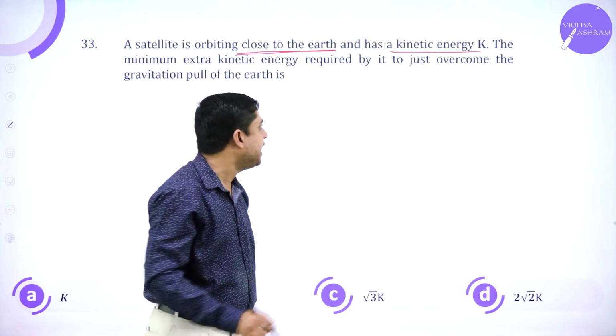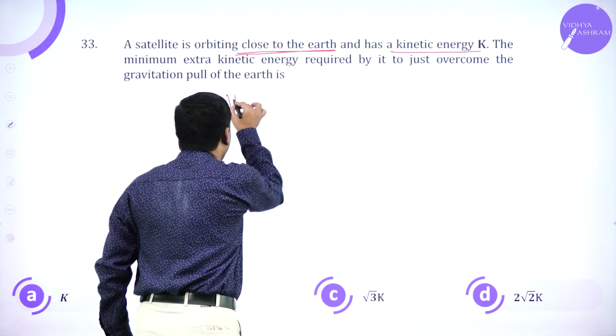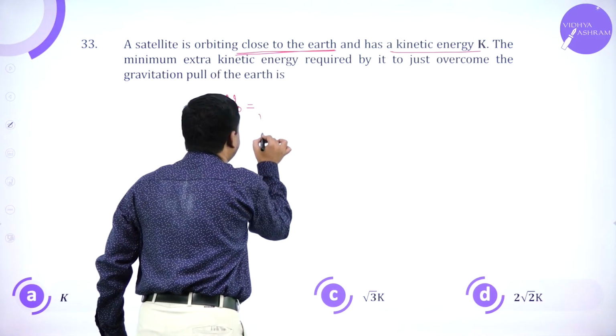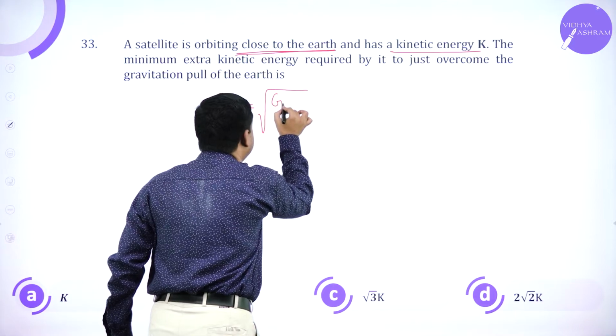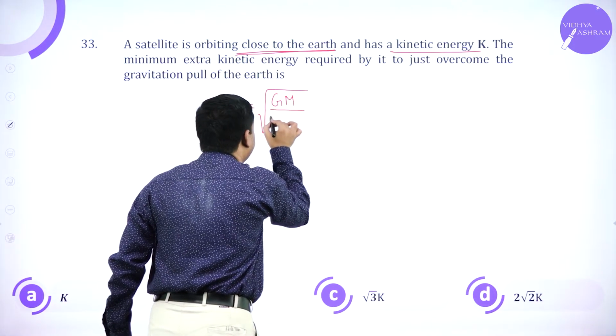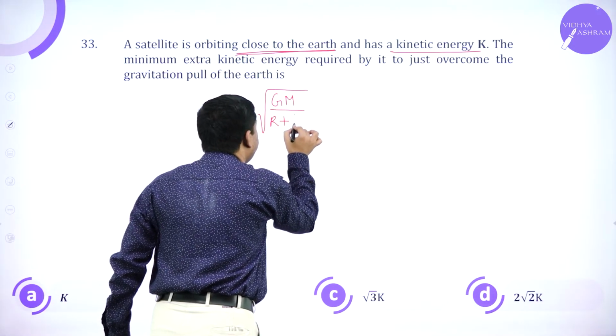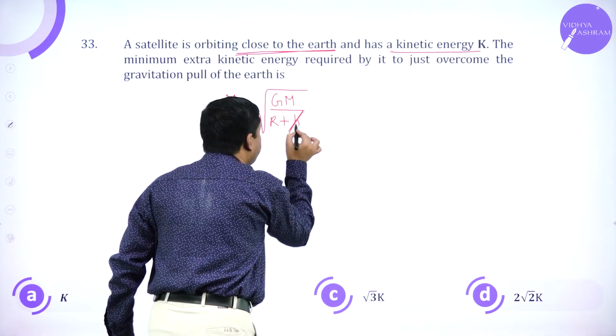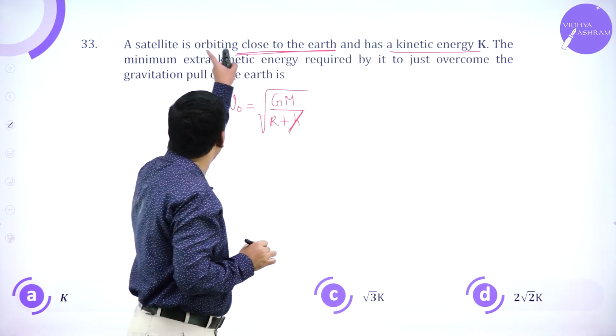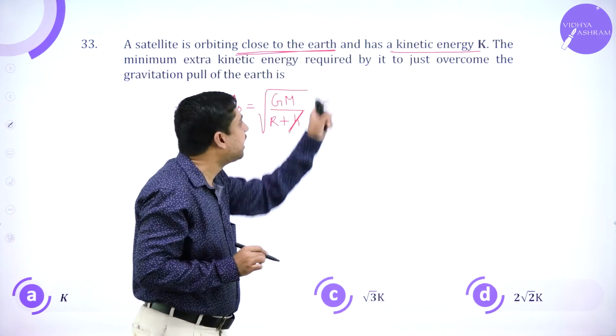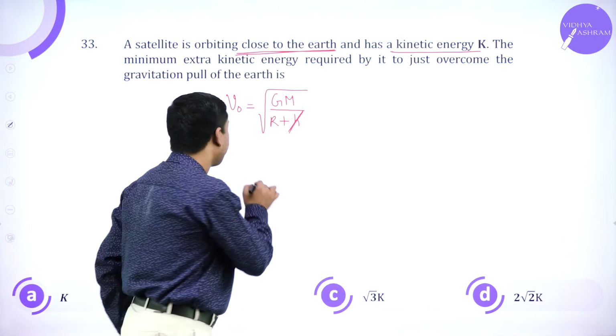Kinetic energy is K. So we know orbital velocity is root of GM divided by R plus h. This h becomes 0 because it is orbiting close to the earth.